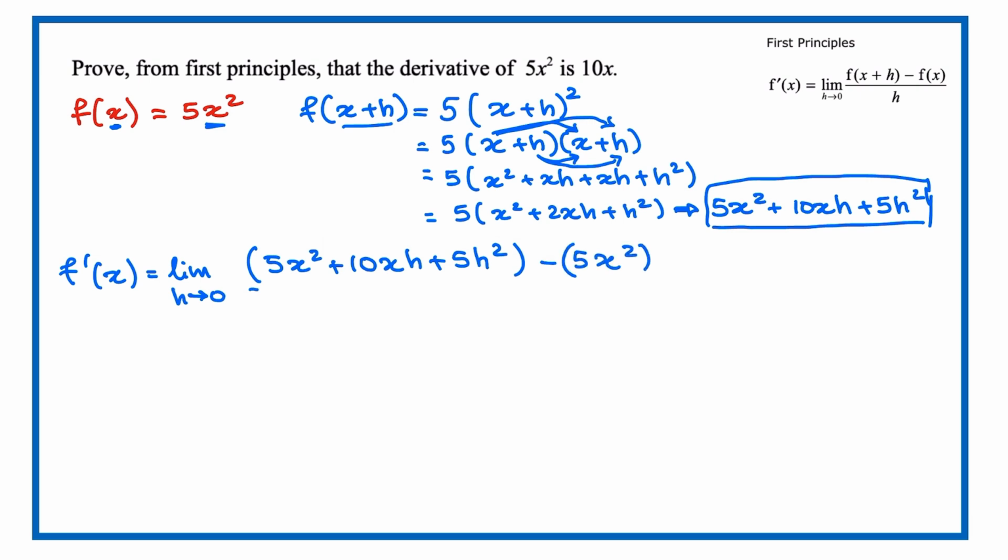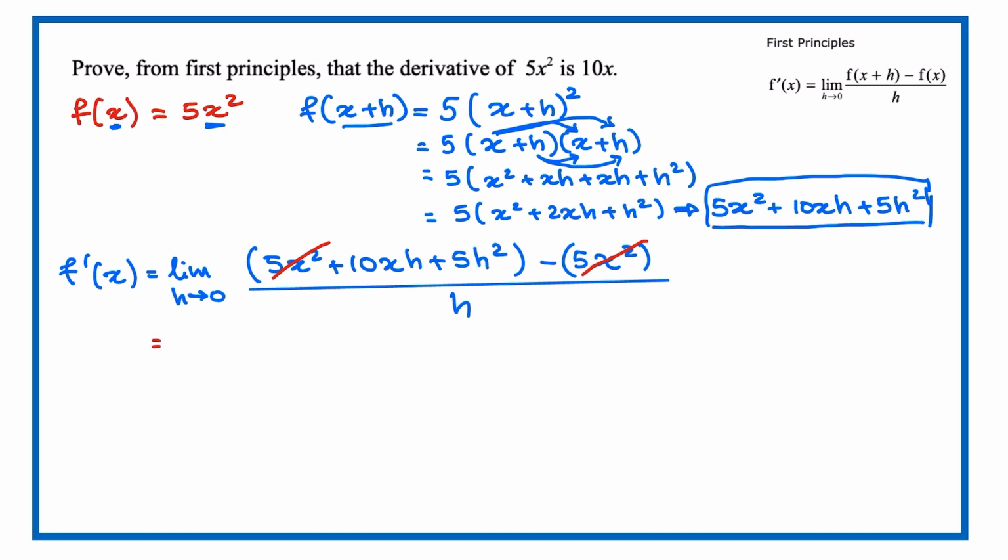Again, put it in brackets, and that's going to be all over h. Now we can cancel out the 5x squared minus 5x squared, they cancel each other out. So now I'm left with this.